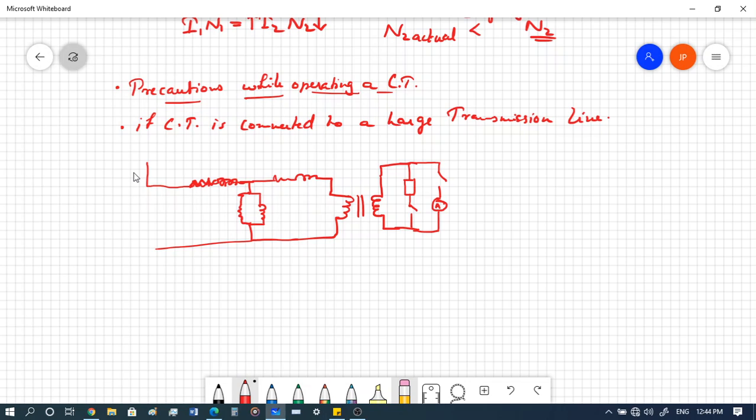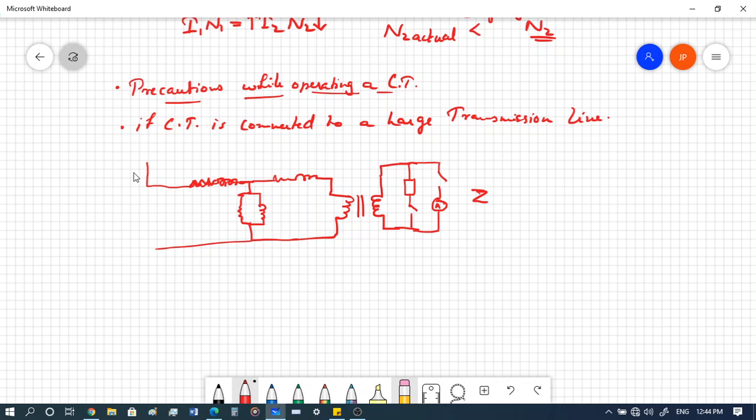Now in conventional CTs, we should never open circuit the secondary side load. If it is an ammeter, you need to keep it connected, or let's say Z is the secondary side impedance.